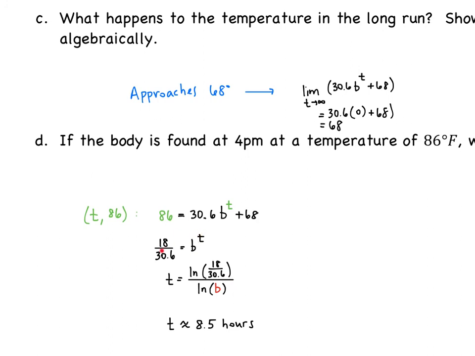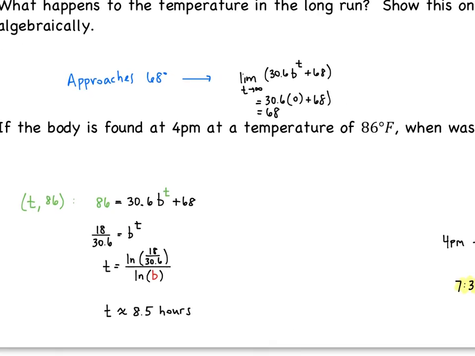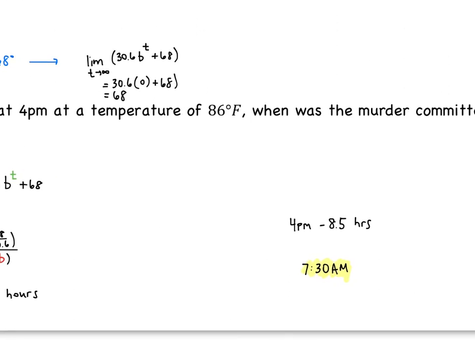You take the natural log of both sides here, and you have that b stored, so you should have gotten t to be about 8.5 hours. So what time does that put the murder taking place? Well, if the body was found at 4 p.m., and we subtract 8.5 hours, that would put us at 7:30 a.m. If you have questions, let me know.